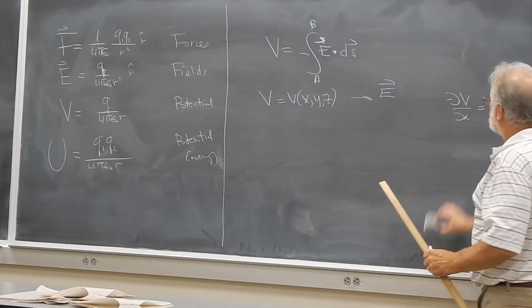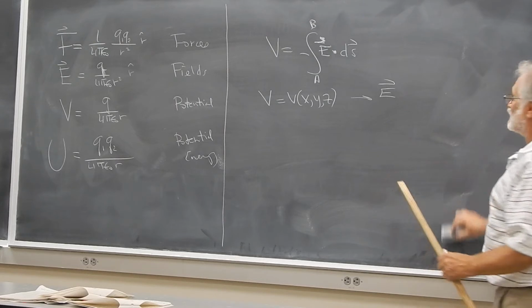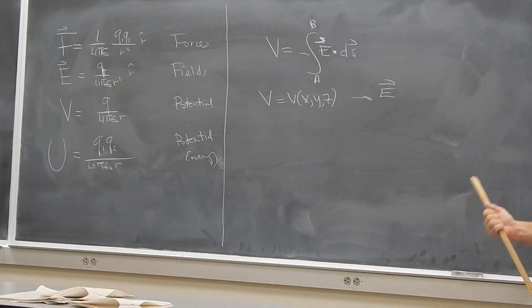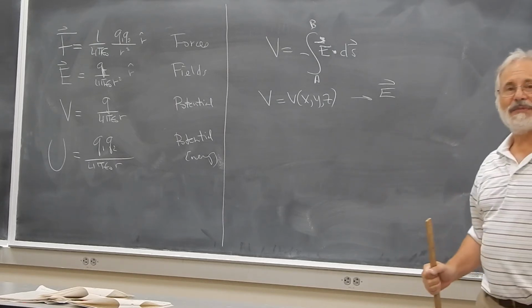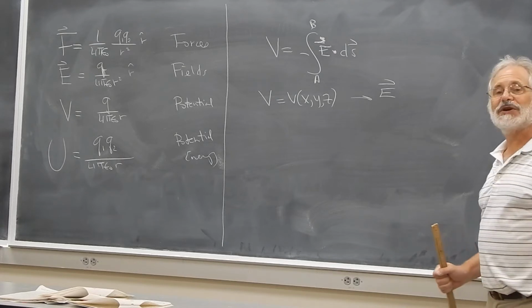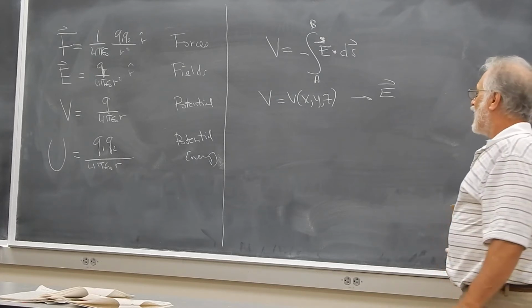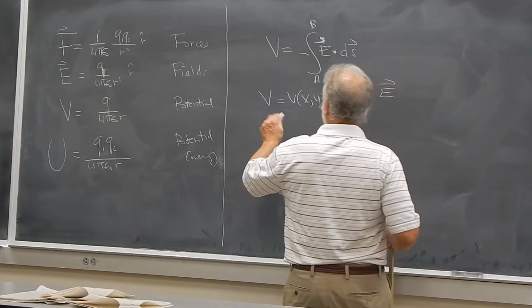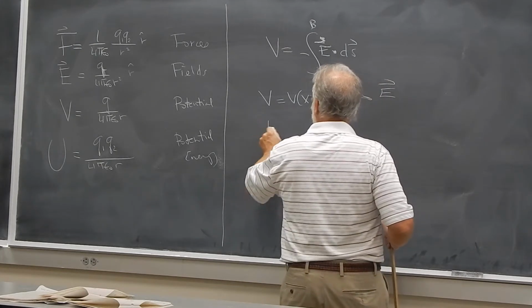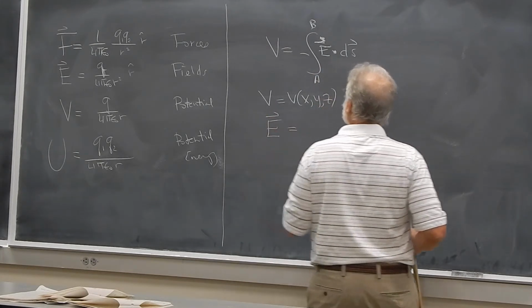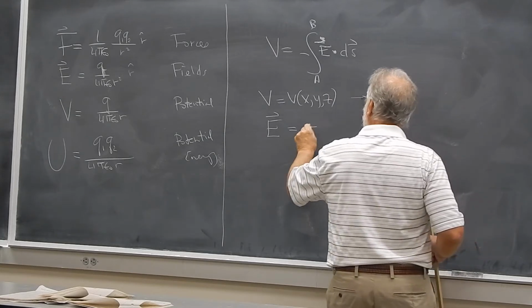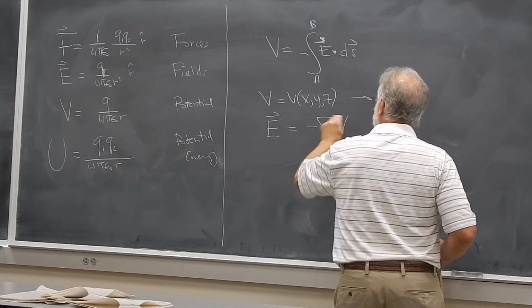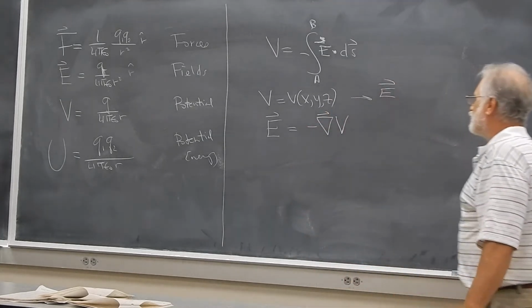But because typically a potential can be a function of 3 variables, we have to use a special mathematical operation called a gradient. First off, we can say that the electric field is minus the gradient of the potential.